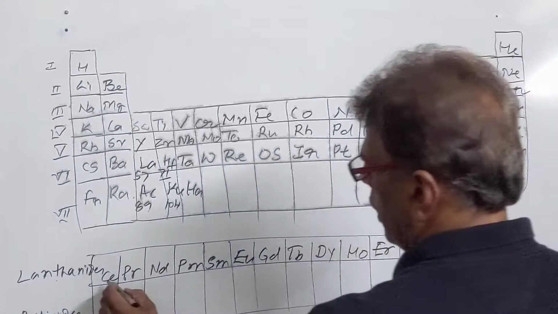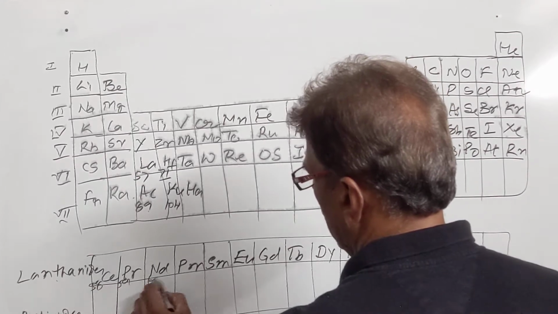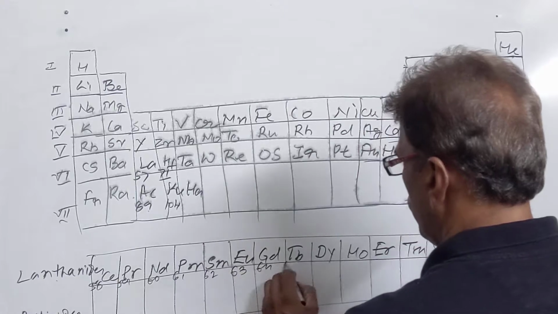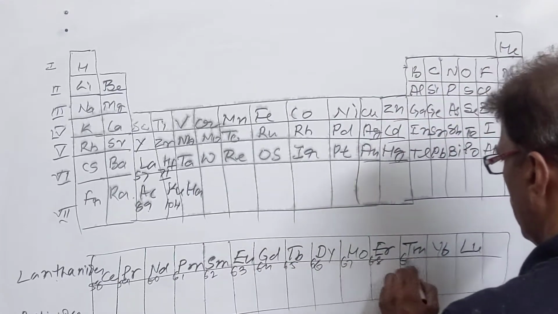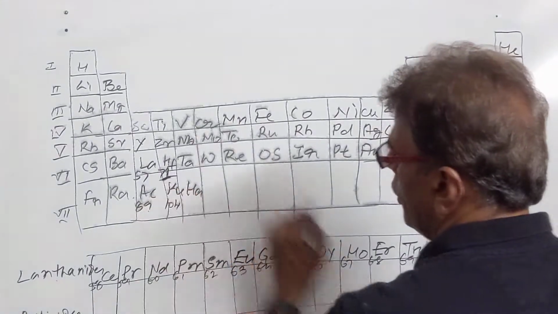So you start the atomic number from here: 58, 59, 60, and so on up to 70, 71. This will be 72 here.